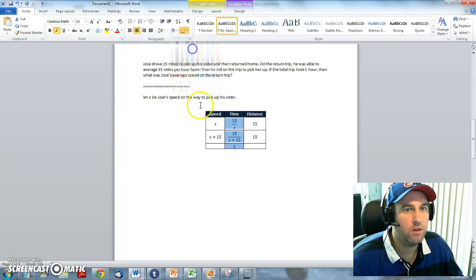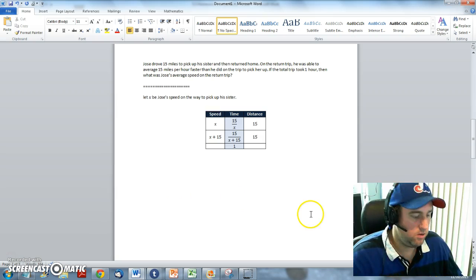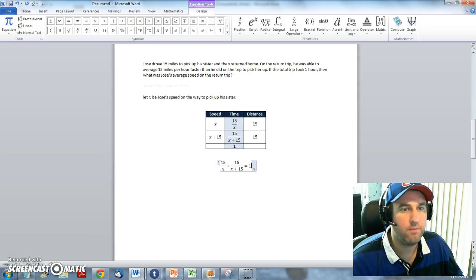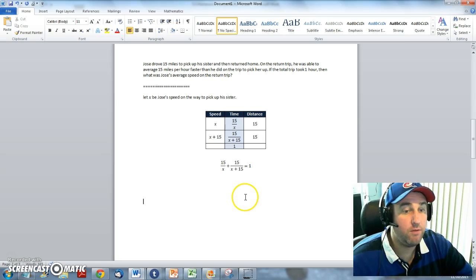I can turn this into 15 over x plus 15 over x plus 15 equals 1. And there we go. We now have an equation all set up for us. At this point, it's just as simple as solving it out.